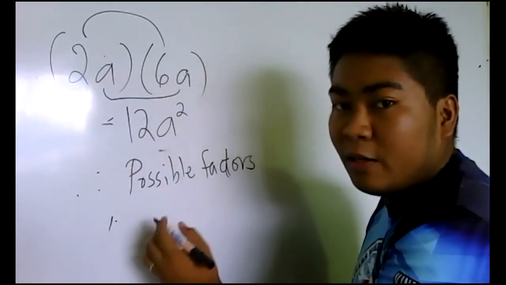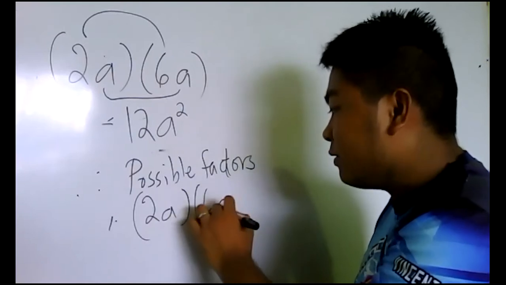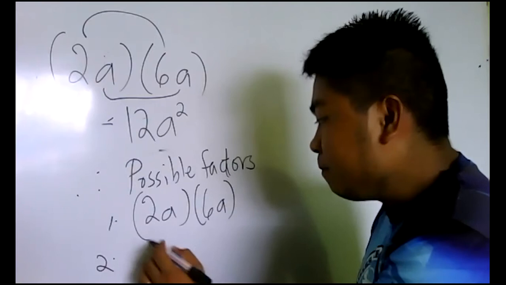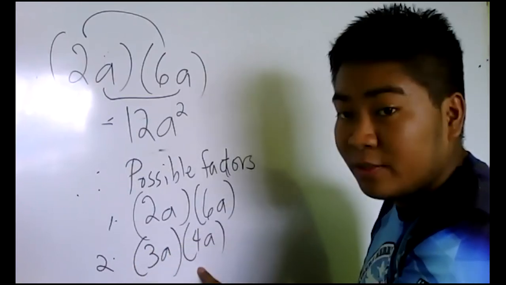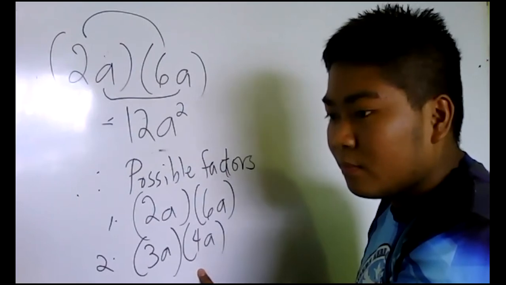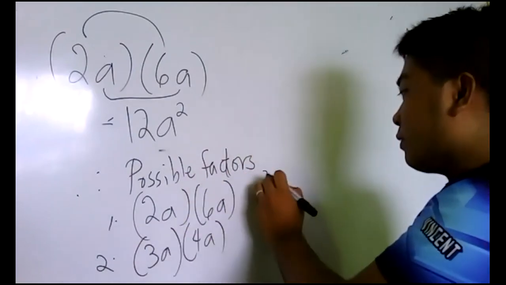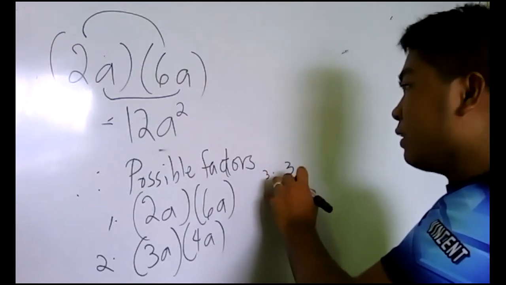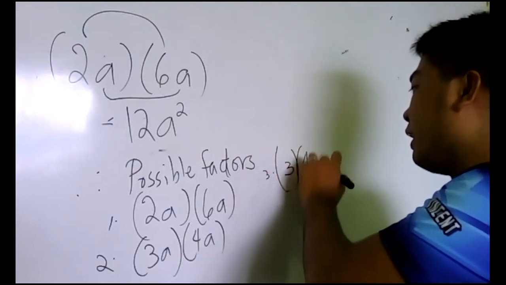First one, we have 2a times 6a. Second one, we also have 3a times 4a. They're almost the same. And a lot more. Pwede rin naman na maging 3 times 4a squared.